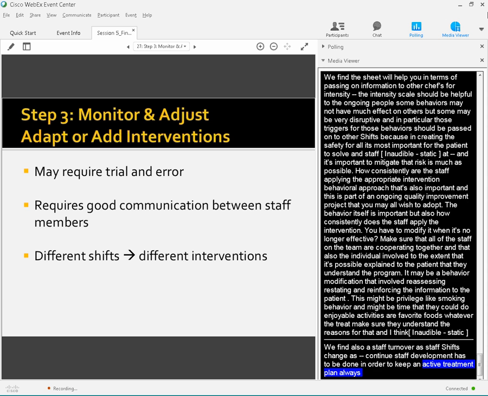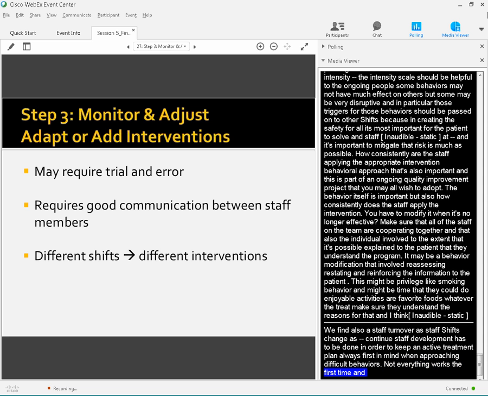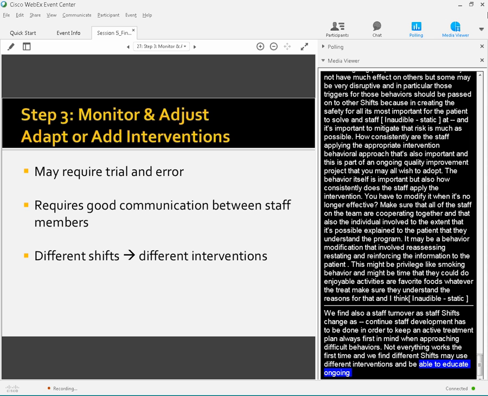Not everything works the first time, and we find that different shifts may actually use different interventions and be able to educate ongoing care of the patient and inform improved interventions by collaborating with their various strategies, but also the results of their different interventions.